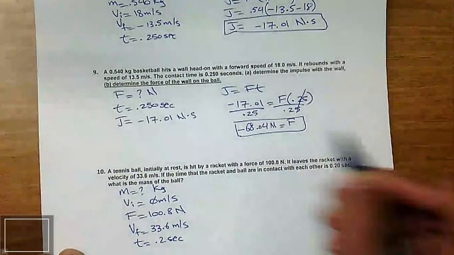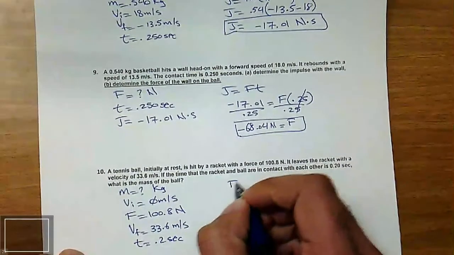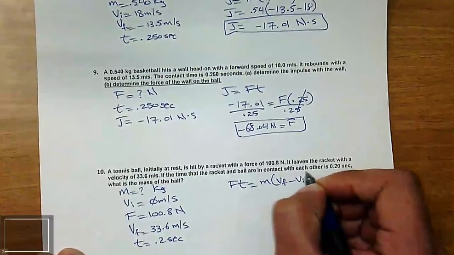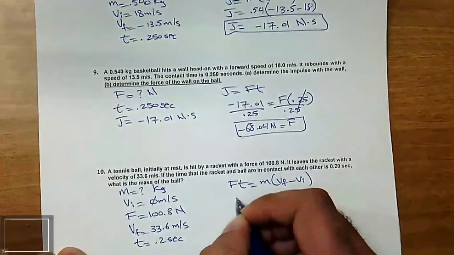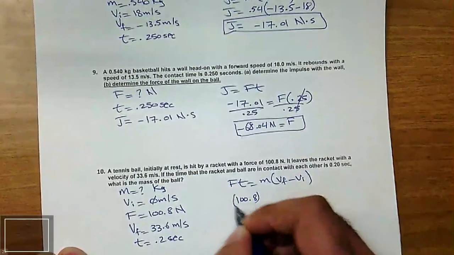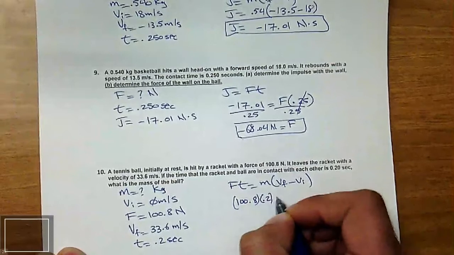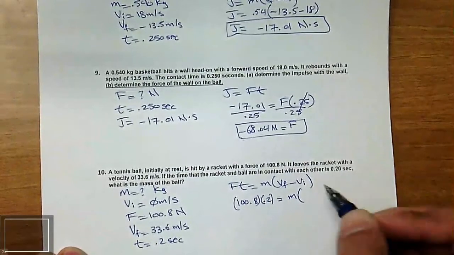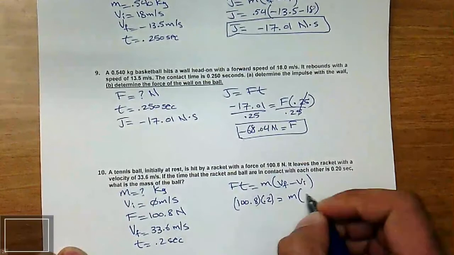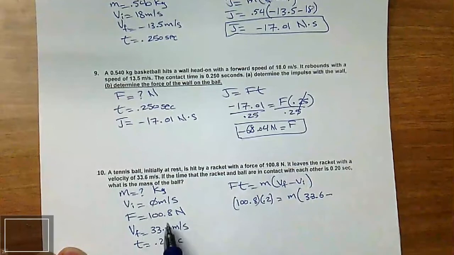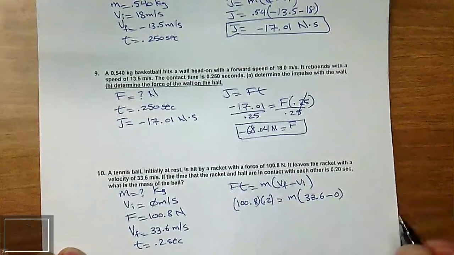So again, I've done this equation plenty of times, so I'm just going to write what we need. Ft is equal to m(Vf minus Vi). Our force is 100.8 newtons. Our time was 0.2, and that's equal to our unknown mass, with the final velocity being 33.6 minus our initial velocity of 0.